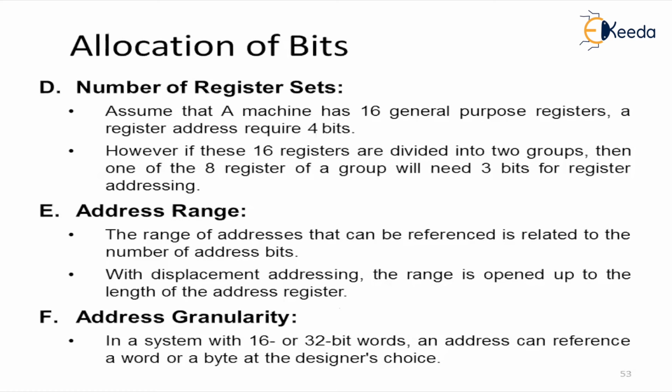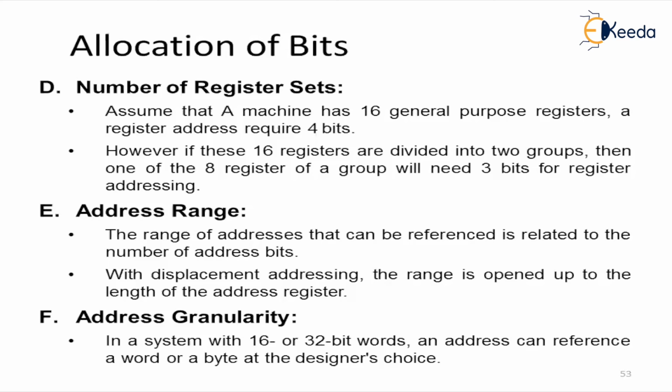The number of register sets. Assume that a machine A has 16 general purpose registers and a register address requires 4 bits. However, if these 16 registers are divided into 2 groups of 8 registers, it will require 3 bits for register addressing. Now, why 3 bits?